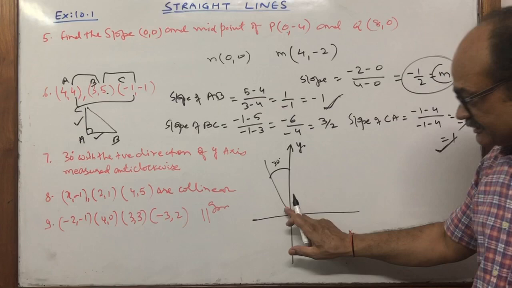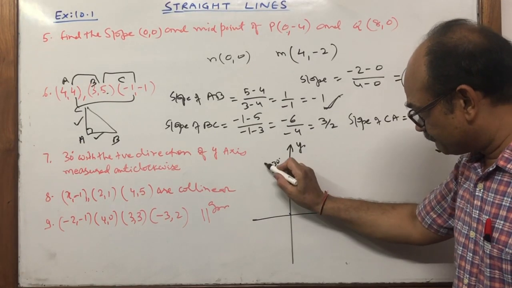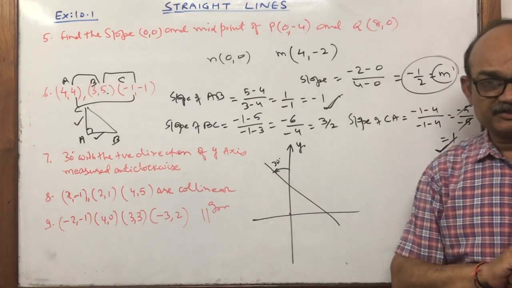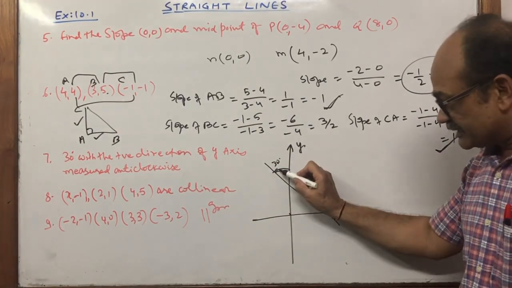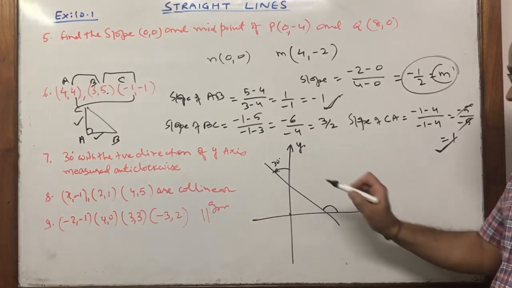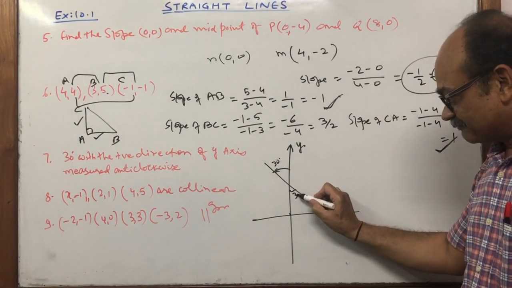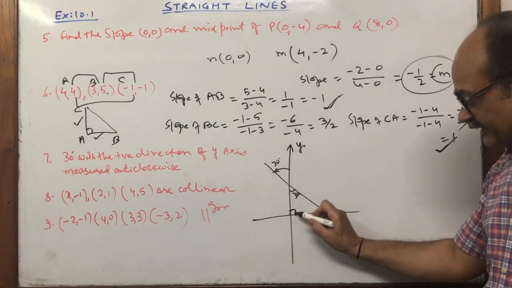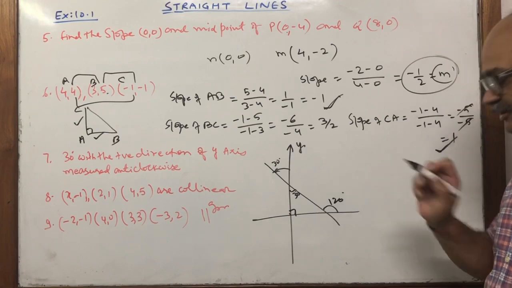When this line makes 30 degrees, we can make it like this. If this one is 30, you know what about this angle? If this one is 30, this one is 30. Vertically opposite is 90. 90 and 30, 120.